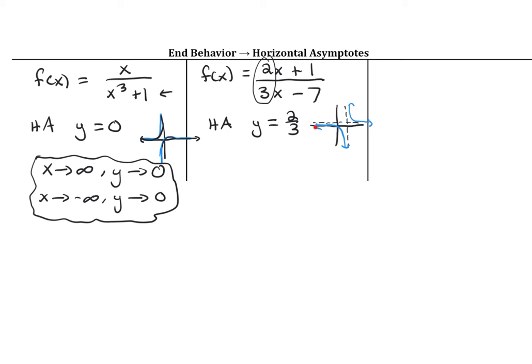As x approaches negative infinity, it's still approaching the asymptote from the other side, but still approaching the same number. So as x approaches infinity, y is approaching 2/3, and as x is approaching negative infinity, y is approaching 2/3.